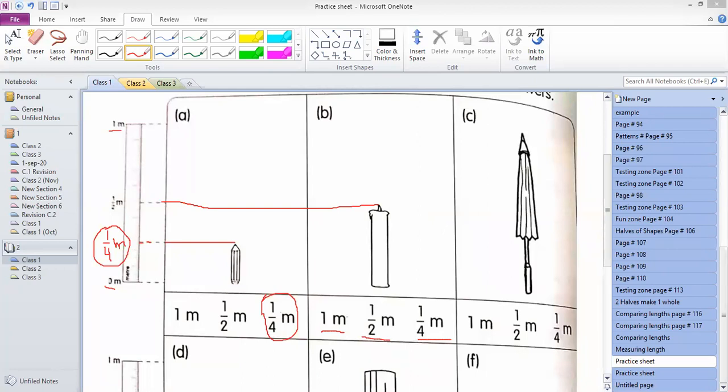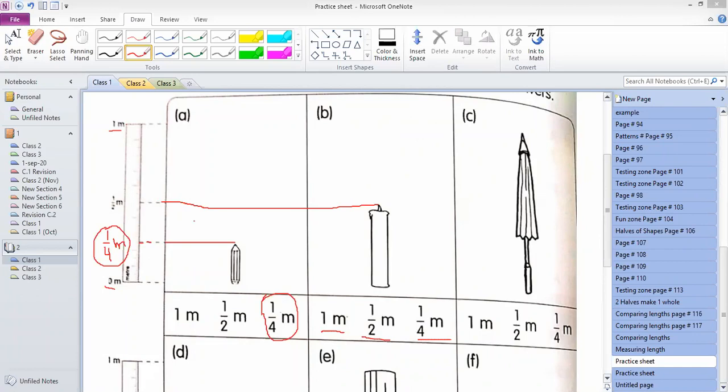Wali Ahmad, can you tell me the length of this candle? No, this is 1 meter, this is half meter, and this is quarter meter. This is 0 meter. Half meter, okay.